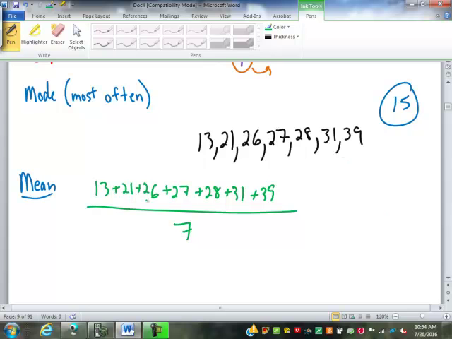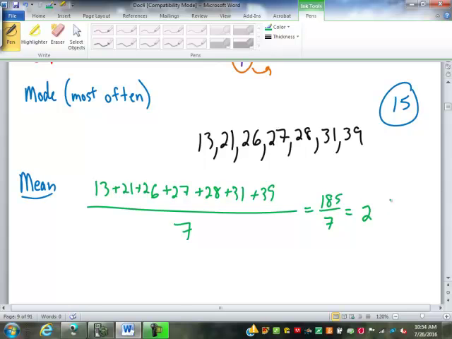So 34, 50, 77, 105, 136, 175, 185. Is it 185?